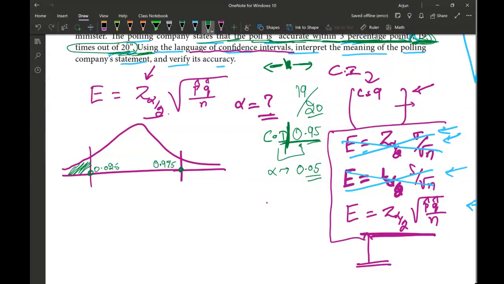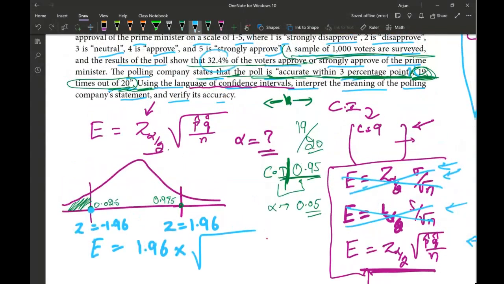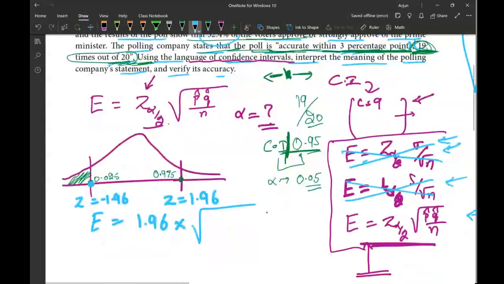All right, now I need to calculate the margin of error. E value will be equal to Z alpha over 2. Corresponding to this point, Z value is negative 1.96. Here it is 1.96. So E equal to 1.96 multiplied by, I will multiply it by P hat. P hat is given to me, 32.4% approved for the sample.